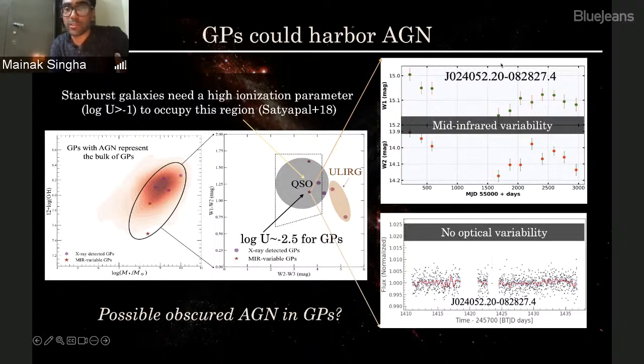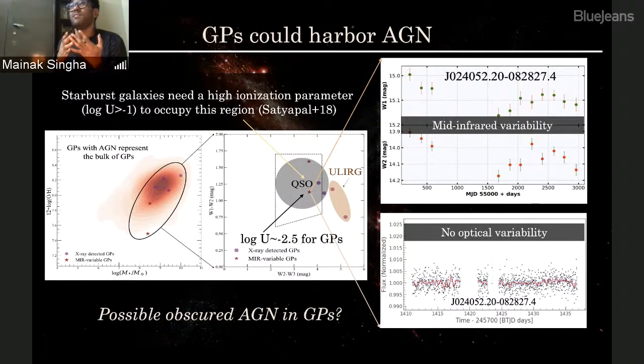I'm showing you one of those in the top right panel. There you can see the light curve is obviously changing, suggesting that there's an AGN, because AGN are thought to be variable across the electromagnetic spectrum. But for the same source, you don't see any optical variability. So you see mid-infrared variability, but no optical variability.